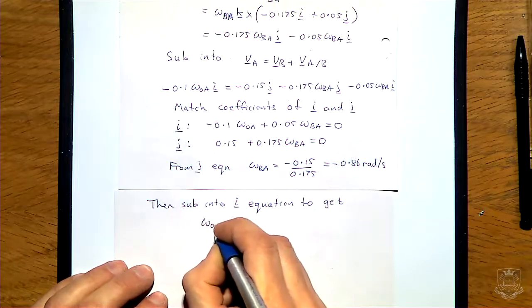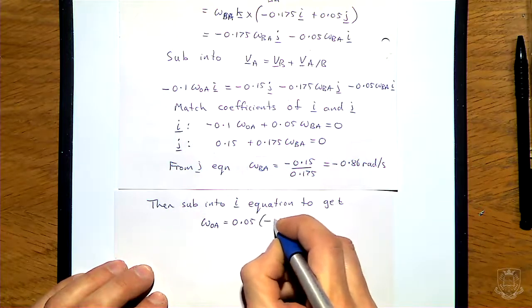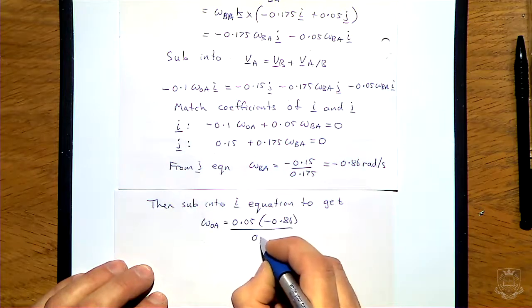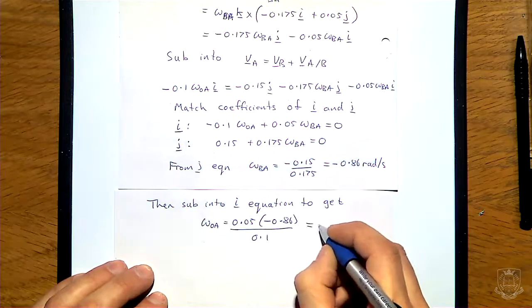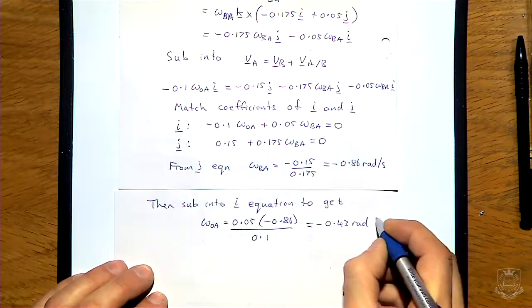So omega OA would be equal to 0.05 times minus 0.86 divided by 0.1, which should come out at minus 0.43 rads per second.